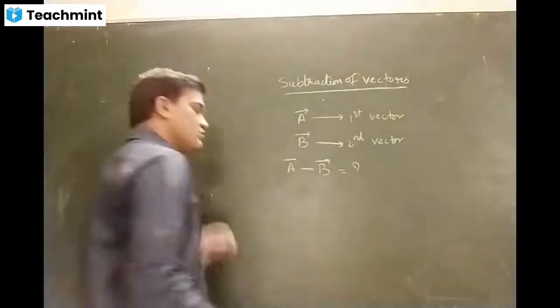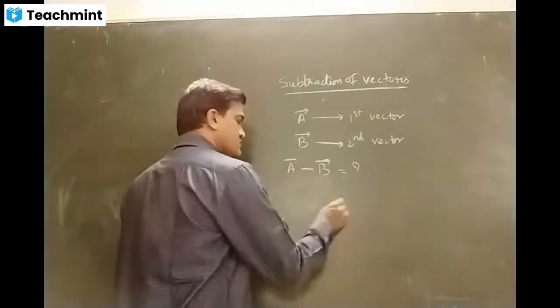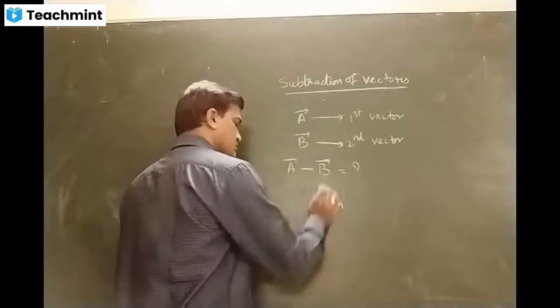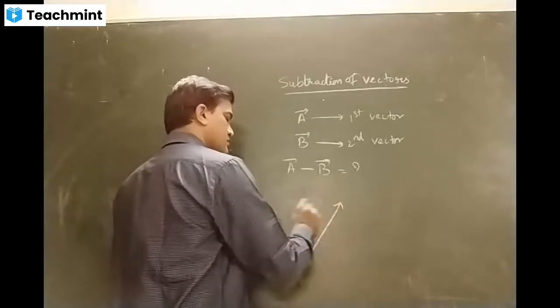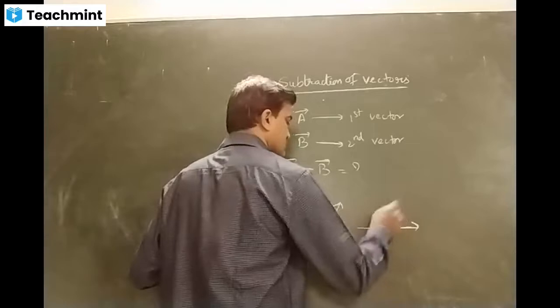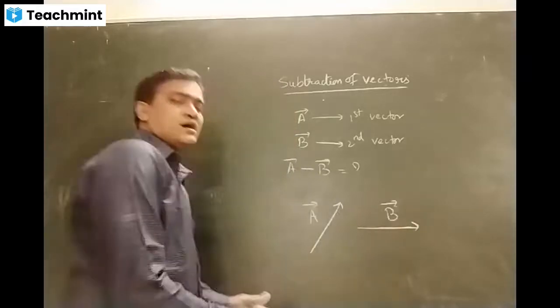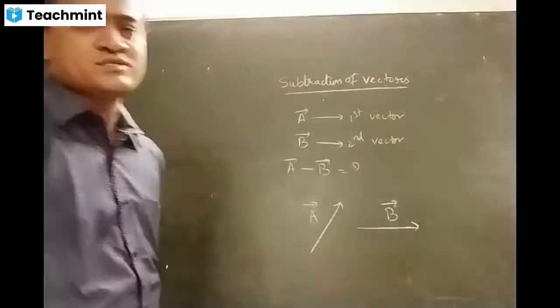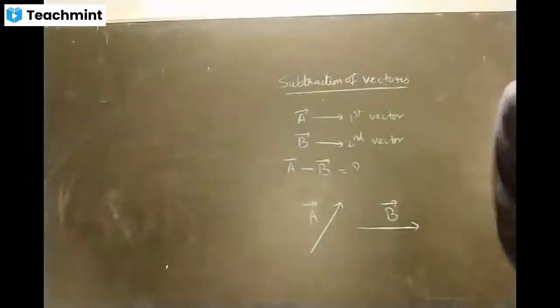Now let me show you. This is A bar, and let me take B bar like this. I want A bar minus B bar. So how to represent these two vectors graphically?